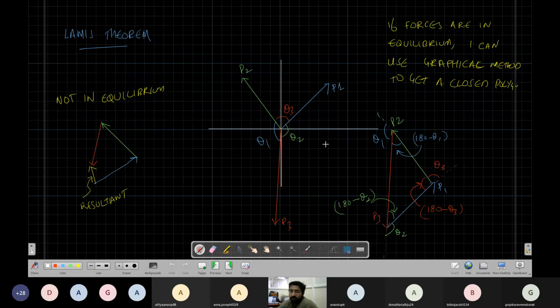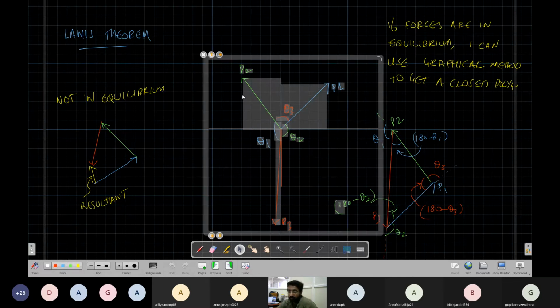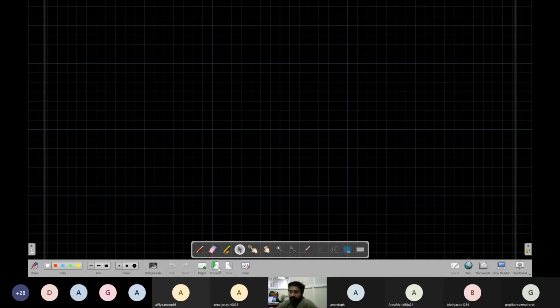When there are three forces in equilibrium and the angles between the forces are like this, then P2 upon sine of this angle should be equal to P1 upon sine of this angle, equal to P3 upon sine of this angle. I hope this is clear. This is how we use Lami's theorem. Now we will apply it and try to solve one or two problems.